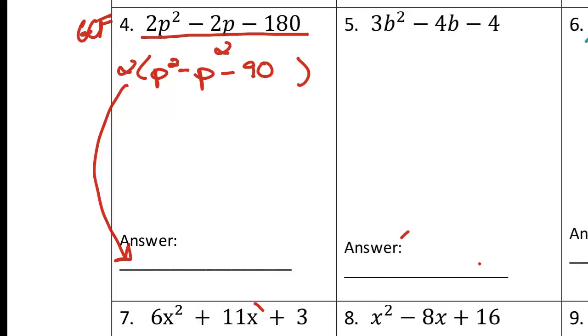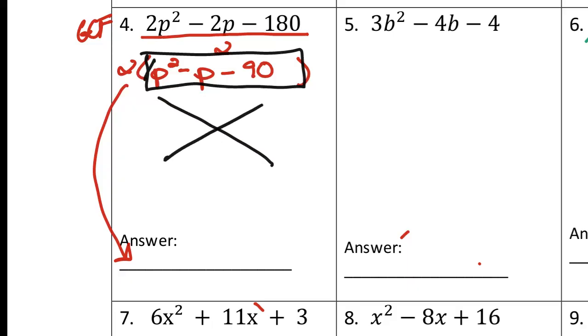Oh, guys, look. P squared minus P minus 90. What is your A value here? 1. So we could do that simpler little trick. It's actually not a trick, but A times C, we still have to do the x. Anytime you have a trinomial, A times C is what?